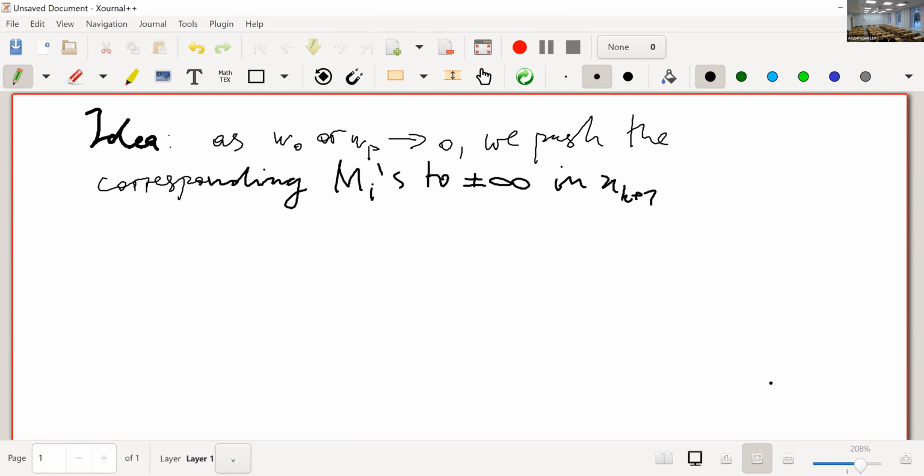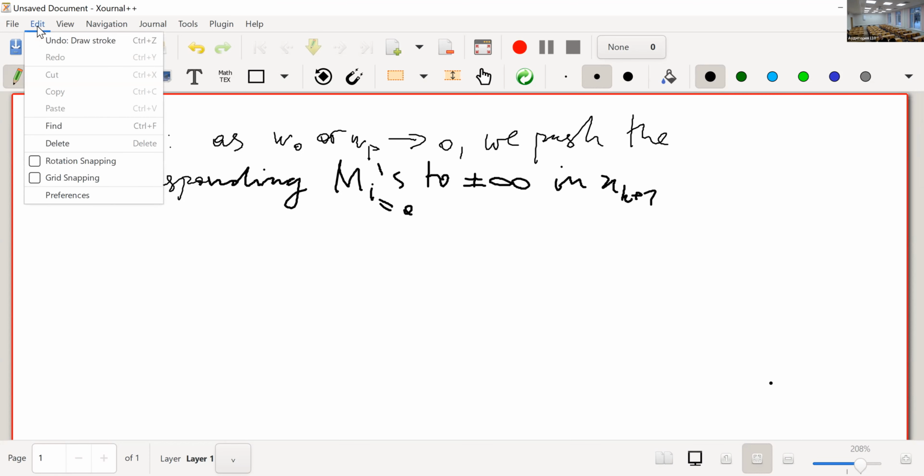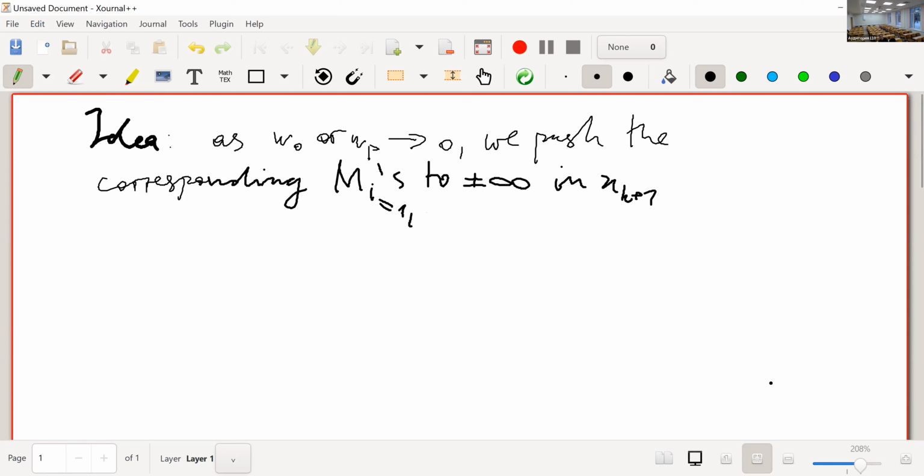When one of the weights, the first or the last one, goes to zero, we push the corresponding manifolds to minus infinity, respectively plus infinity, in the k plus first forward.